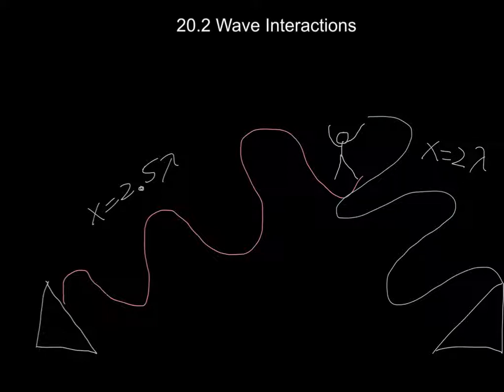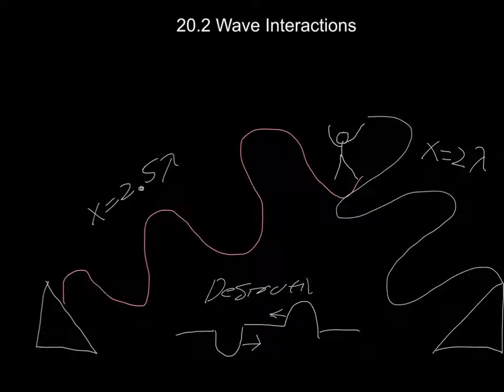So over here on the left, we have the wave at its negative point, and then on the right, we have the wave at its positive point. And so these two are traveling towards each other and when they hit each other, they will destructively interfere. Because one's positive and one's negative, they're going to cancel out. So really, in this spot that I'm seated, there's not going to be a whole lot of sound. It's going to be actually fairly quiet.